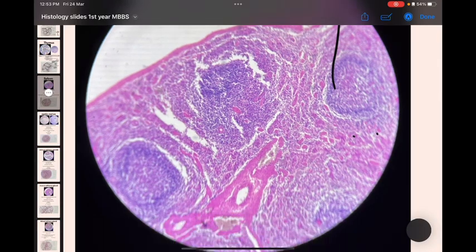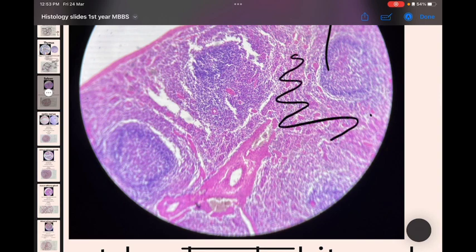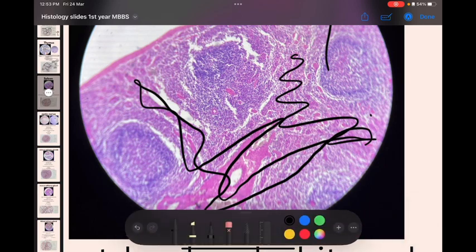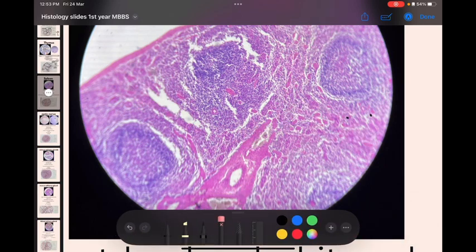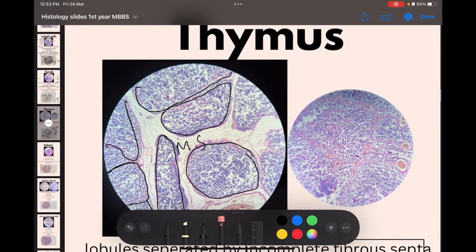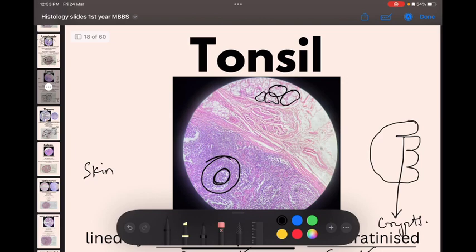You just have to see this. The spleen contains a reddish texture, whereas the other slides, the thymus, do not have the reddish texture, and the tonsil is also not having the reddish texture.